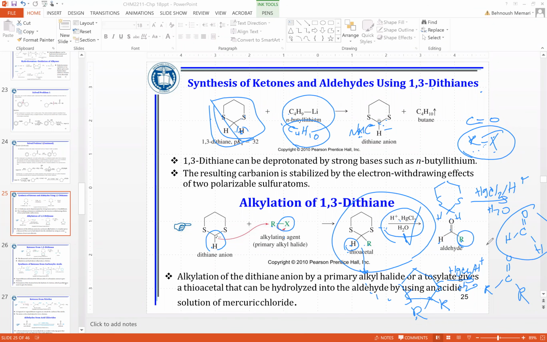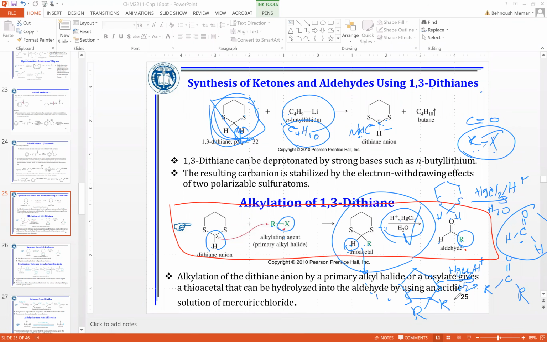Hopefully you get it now. If not, go back and review it. If you hydrolyze dithiane, or 1,3-dithiane, without replacing any of the hydrogens, you would get formaldehyde. If you remove one of the hydrogens and then hydrolyze, basically it's this route here. You remove one of the hydrogens and then hydrolyze, you would get an aldehyde.